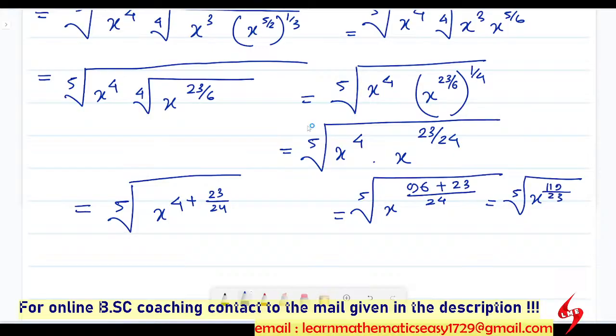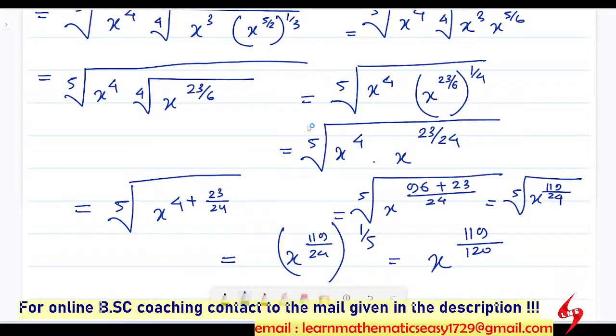Okay, so again the power will be 1 by 5. So x to the power 119 by 24, and the power will be 1 by 5. So 5 and 24 will be multiplied. The power will be finally 119 by 120. So this is the answer.